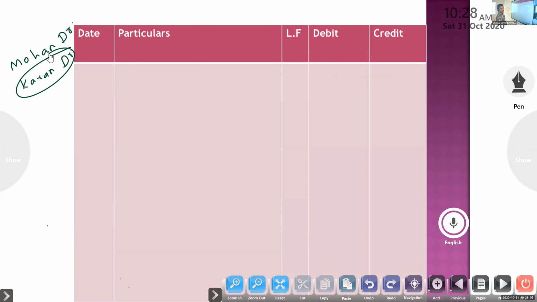So to rectify, what will be the entry? Mohan account to Karan account. Mohan account debited to Karan account.